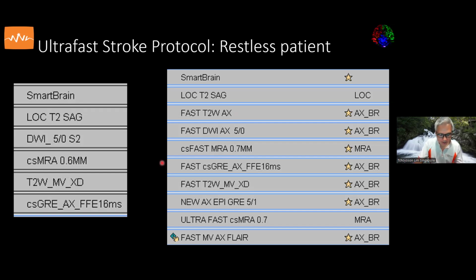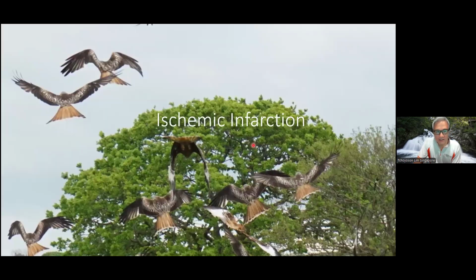But it's a trade-off that we can use at least some images. The hardest is the MRA, and very often many of our fast protocol MRAs are uninterpretable beyond the circle of Willis. Let's carry on our focus on ischemic infarction.